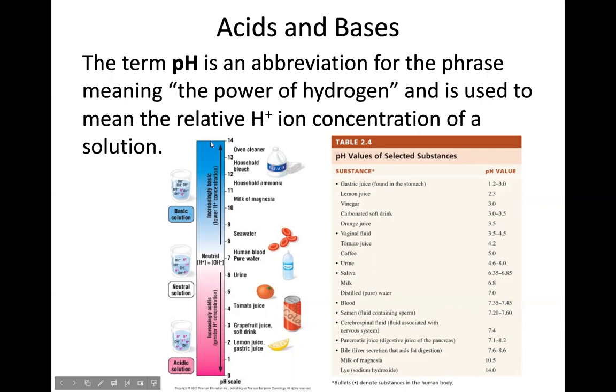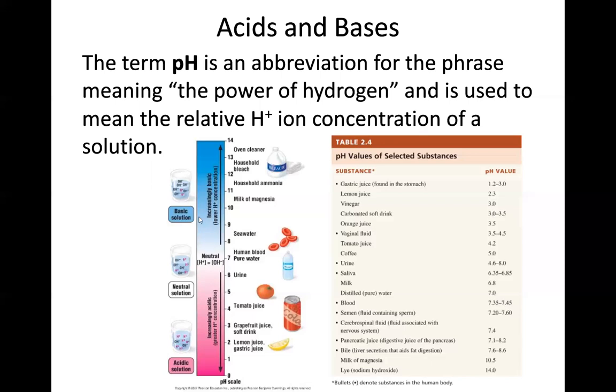Going from 0 to 14, we can measure whether we have a base, acid, or something that's neutral. Right smack dab between 0 and 14 is the number 7.0, which is where pure water is, the point where the number of hydrogen ions and hydroxide ions are equal. Okay.